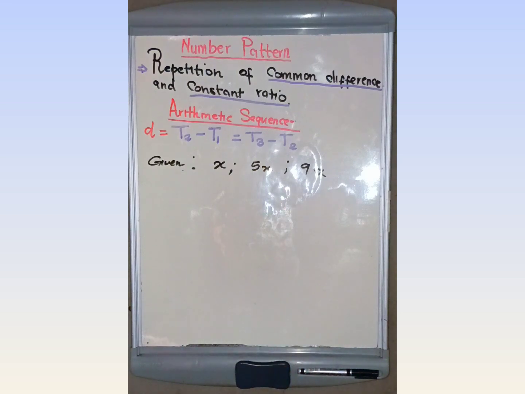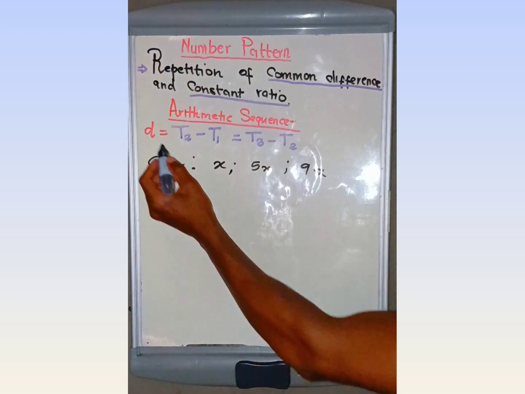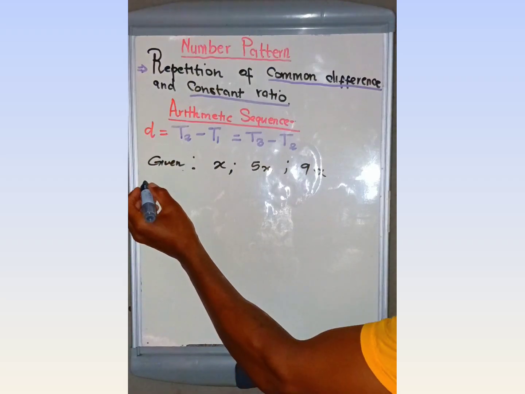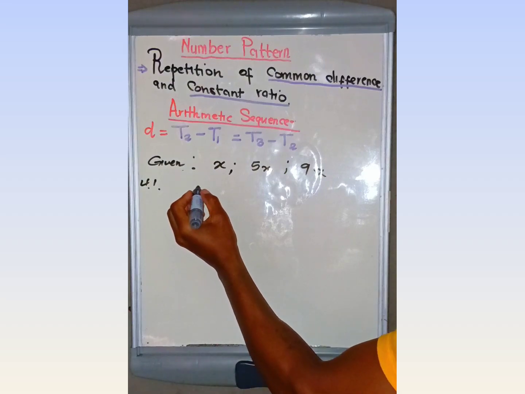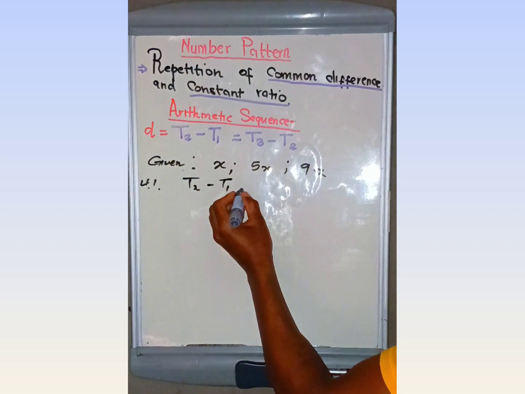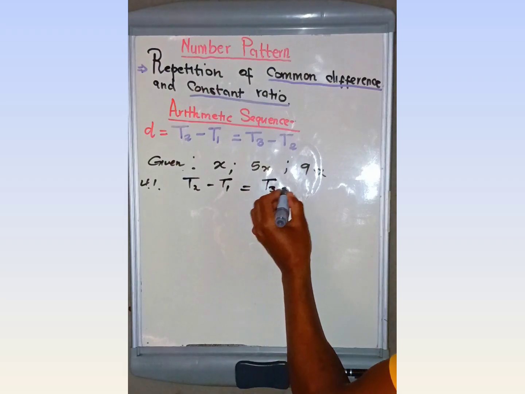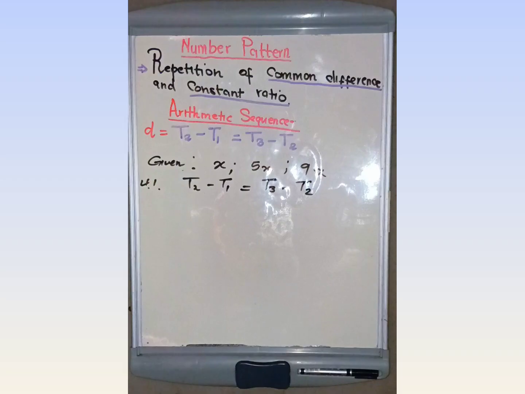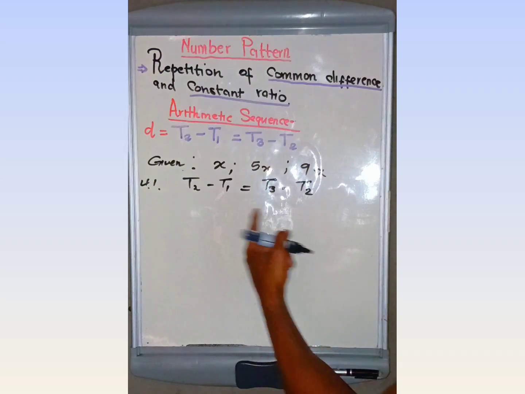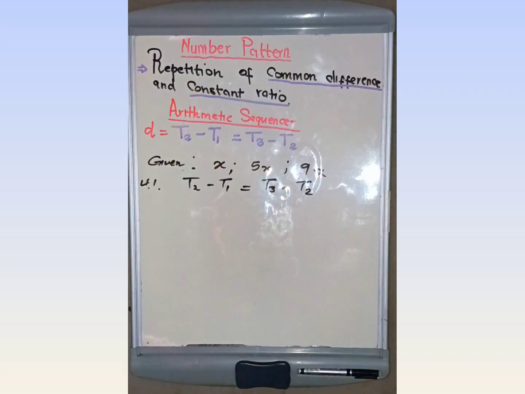It's very simple. As I said, we always use the value of t. For example, this question 4.1. What we're going to do is say that t2 minus t1 is equal to t3 minus t2. Okay, it's very simple. Therefore we use the common difference.